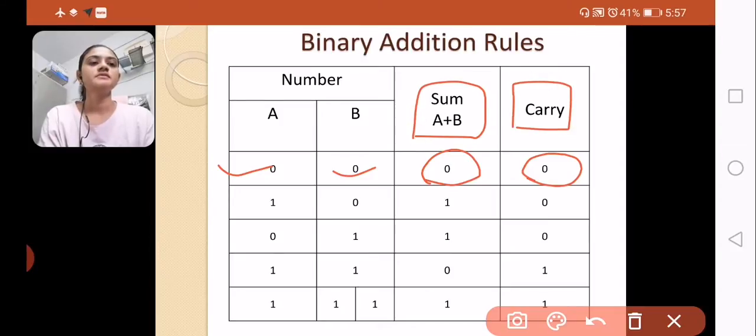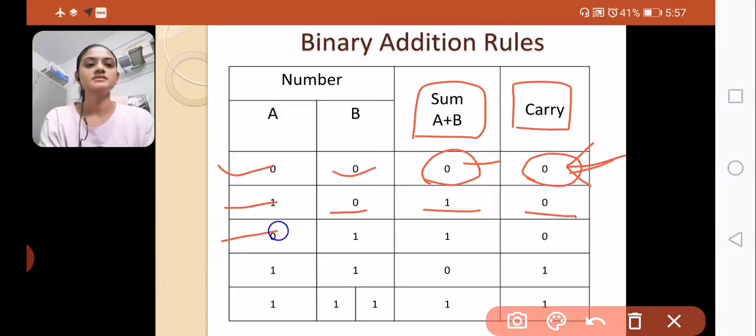If any summation is beyond 1, then carry will be set to 1, that we will see in the next case. Next is 1 plus 0, so that will give sum as 1 and carry 0.